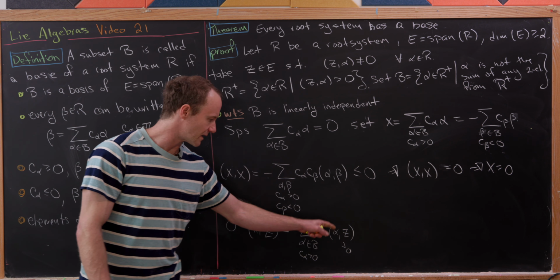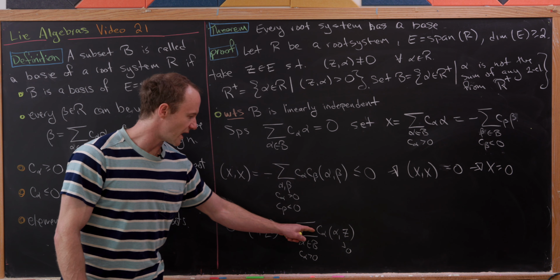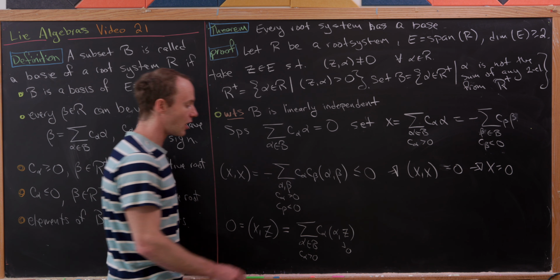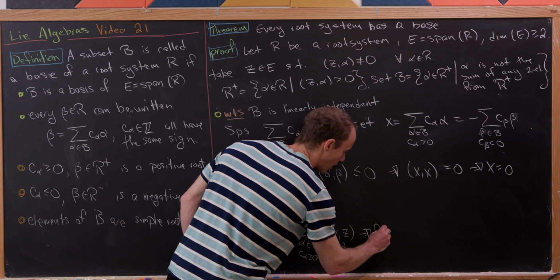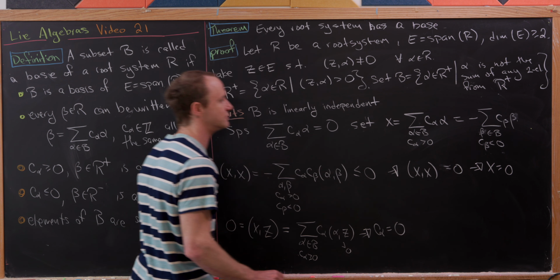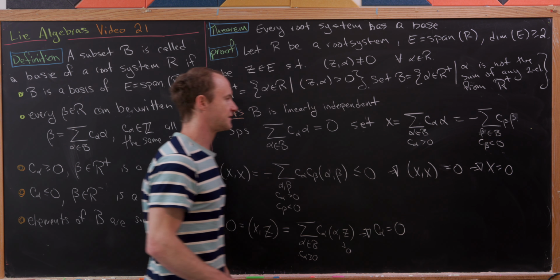But we're adding a bunch of positive numbers together with these weights C alpha to get 0, which means that all of those weights C alpha, which are all bigger than or equal to 0, are in fact all equal to 0. So all of these C alphas are equal to 0.